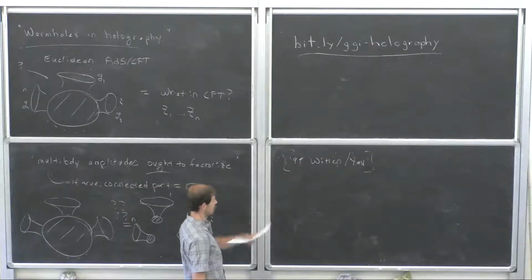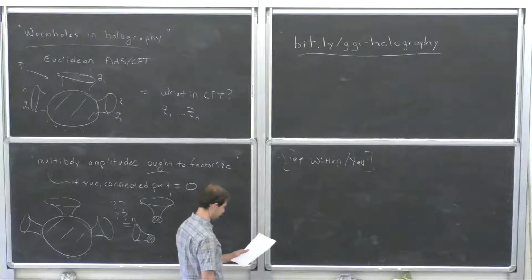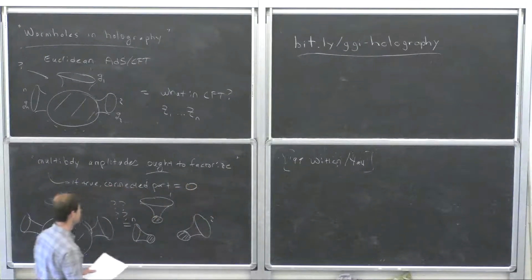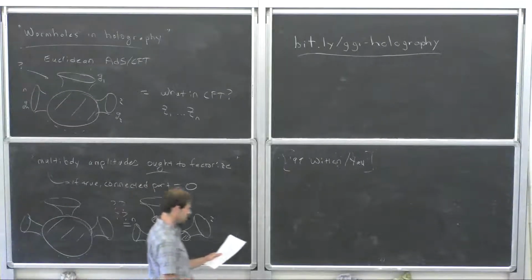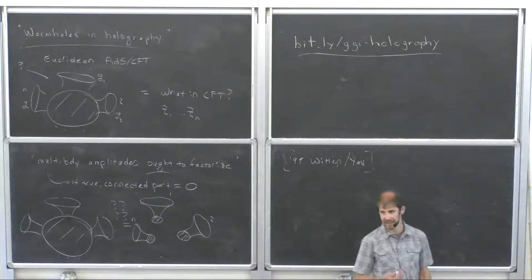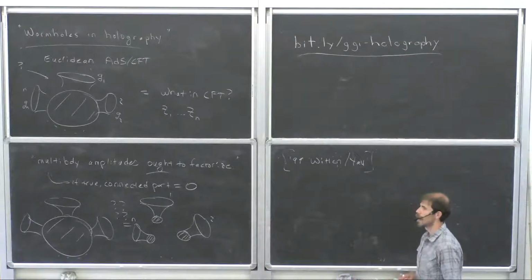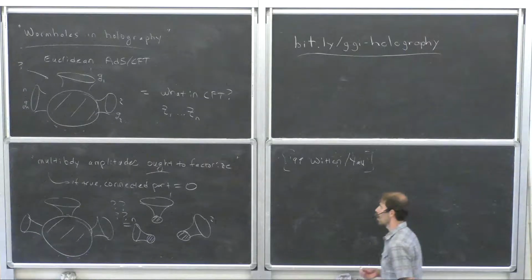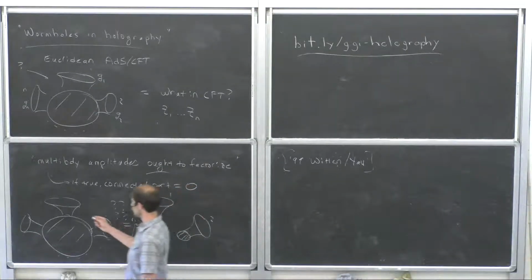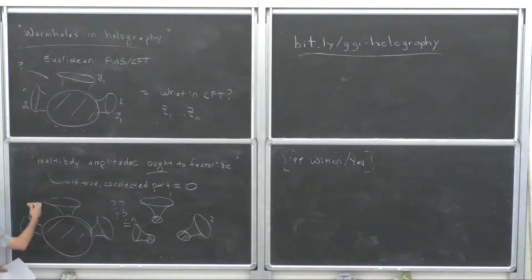The first place that I've seen this discussed is in a paper where they observe this tension. They try to address it by asking the question, within supergravity, within low energy limits of string theory, are there connected geometries, saddle points, with multi-boundaries?